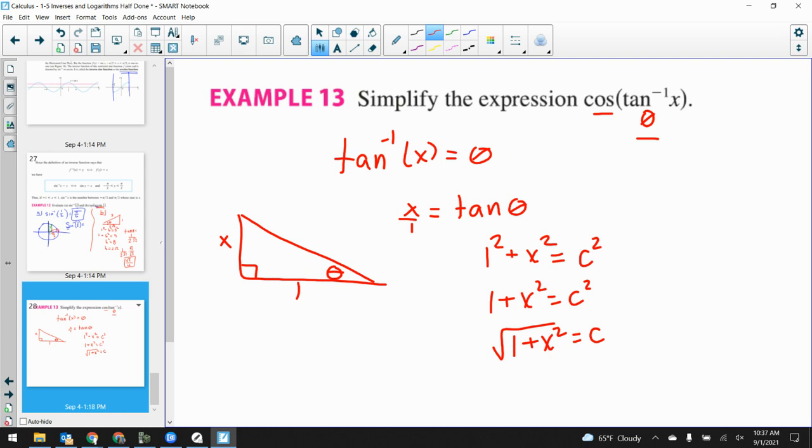So this is the square root of 1 plus x squared. And now I can find the cosine. The cosine of theta is going to be, not opposite over hypotenuse, adjacent over hypotenuse, 1 over square root of 1 plus x squared.